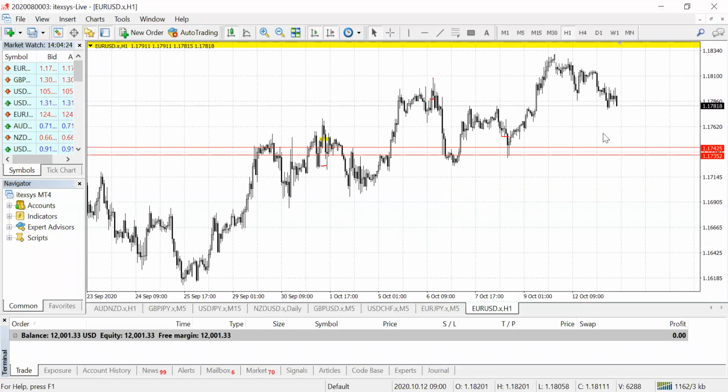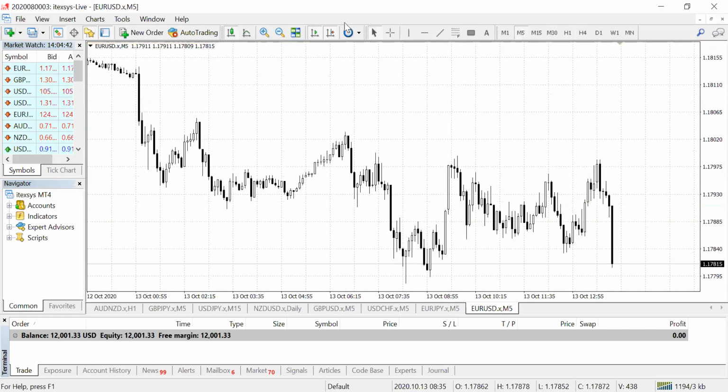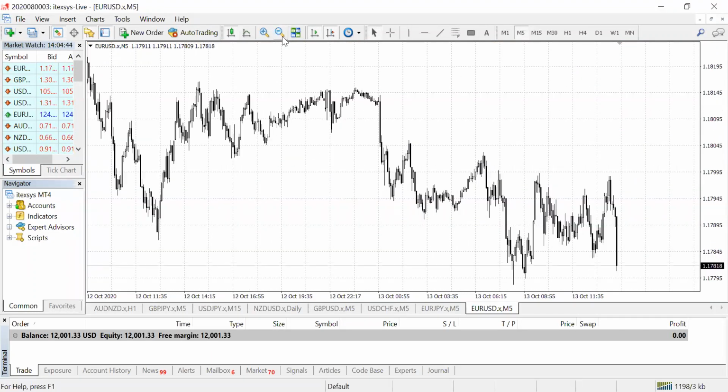And the same if we go down, we have supply over here, in this area right here. And we have more supply down here. So we can really trade both sides. So let's see if we find a pattern on the 5 minute chart.